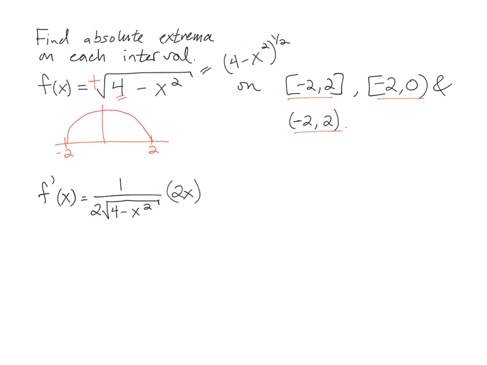For whatever reason, I changed it back into a square root. Sorry, not sorry. Then you have to take the derivative of the inside function, which I just realized should be a negative 2x. All right, so then if you want to do a very quick little simplification, you can in fact cancel this 2 with this 2 and get a final derivative of this.